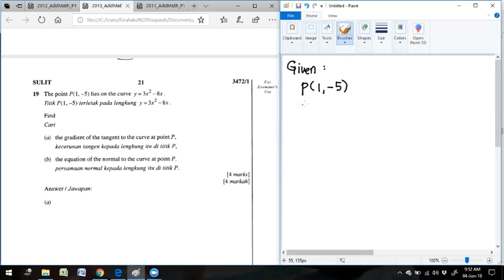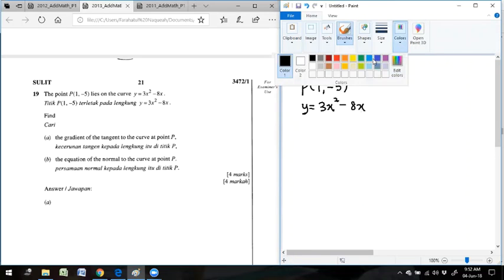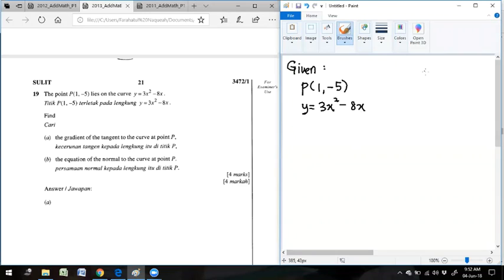The second piece of information is y is equal to 3x squared minus 8x. So what to do? Find the gradient. Always remember this one. Find equation.